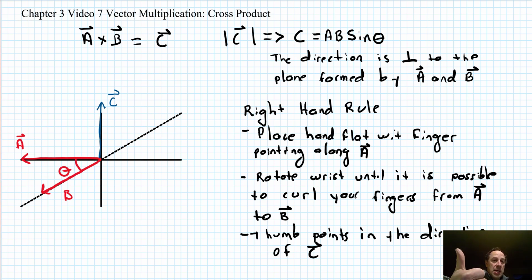If it was B cross A, I would be going in the direction of B, but I can't curl my fingers towards A, so I'd have to turn my hand over in order to curl my fingers from B to A. All right, and then when I did that, C would be pointing downward, the opposite. So that's telling you that B cross A gives you a different result than A cross B, and it actually is the negative.